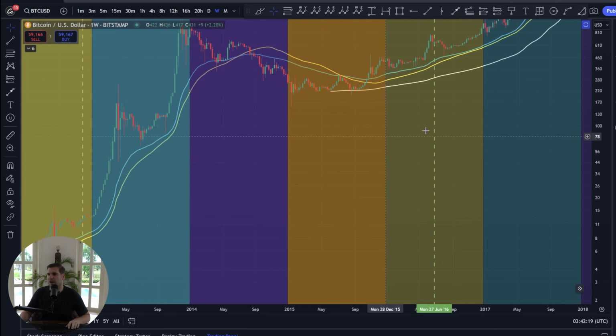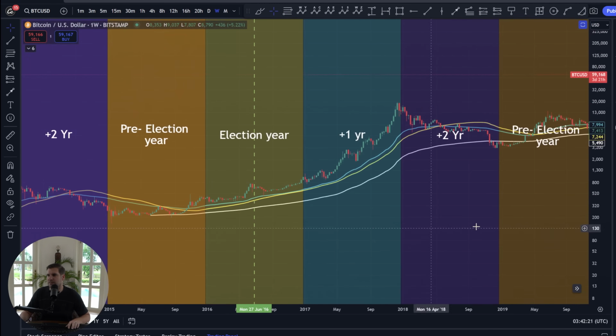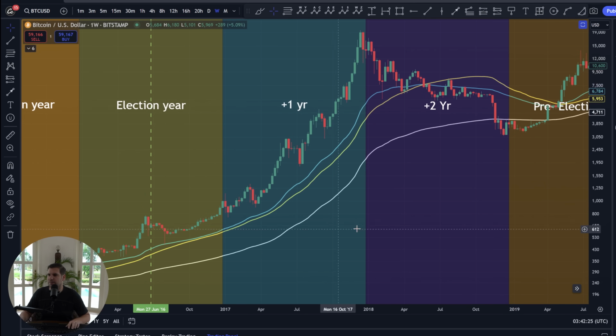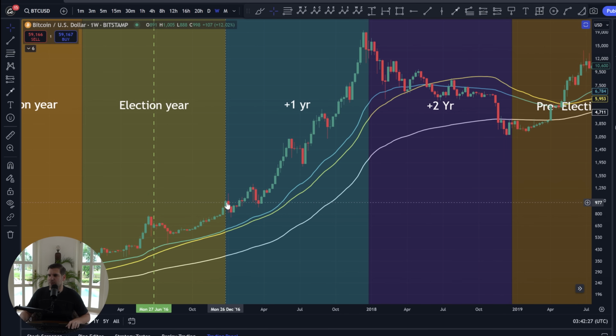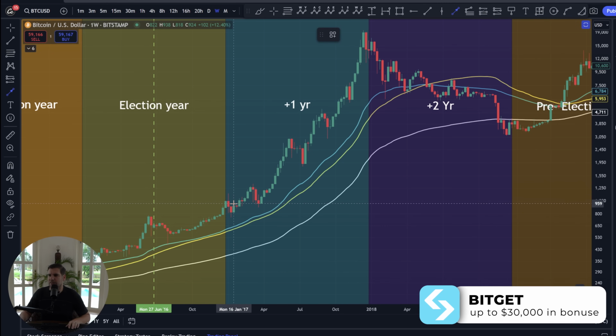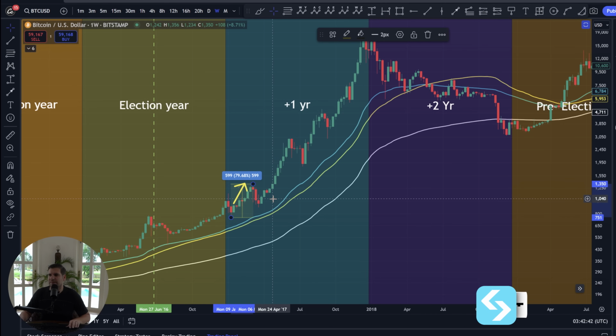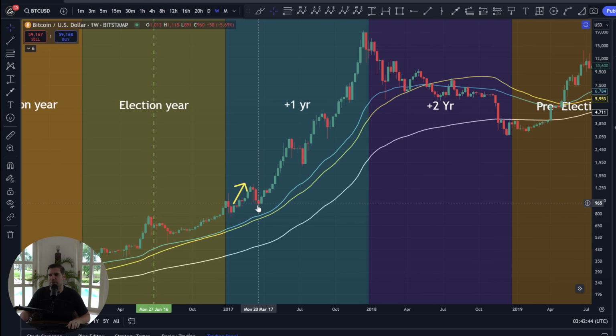Okay, so what happens in 2017? Well, in 2017, just after the election year, we can see that January 20th coming in right here, we actually saw a bump to the upside as well. Not as clean or as good as what we saw previously, but still a bump to the upside. We climb up into March by 79% for Bitcoin's price action before cooling off and then really rallying strongly.